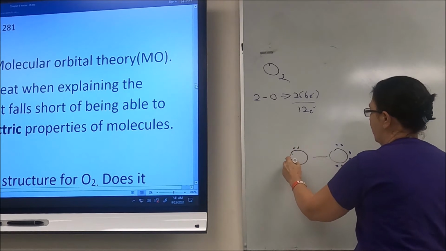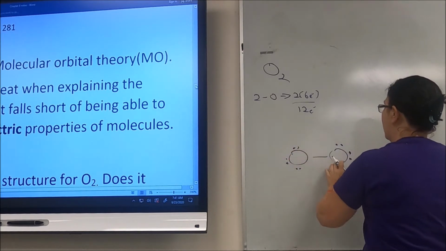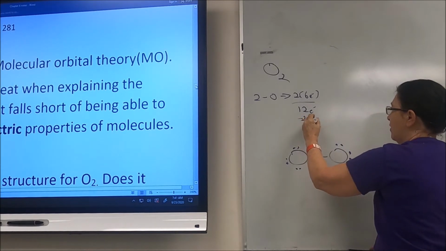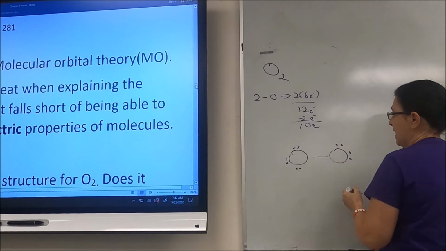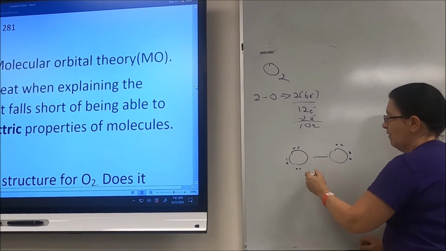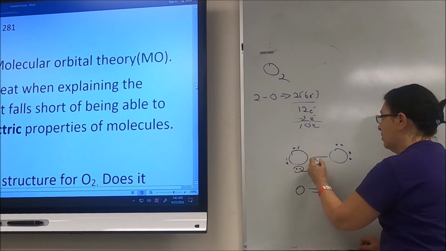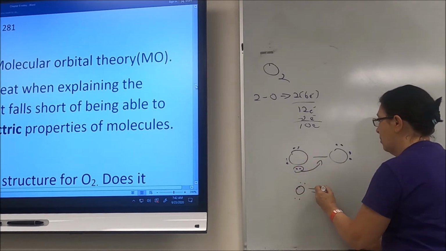Excuse me, I went too far. So I'm going to have to make a double bond to fix this. I'm going to take a lone pair of electrons here, fold it in, and make a double bond.